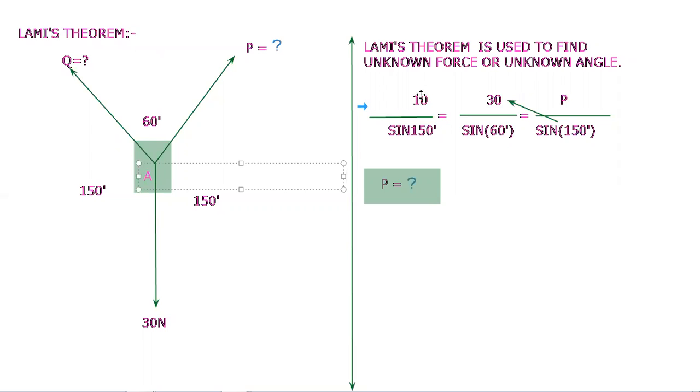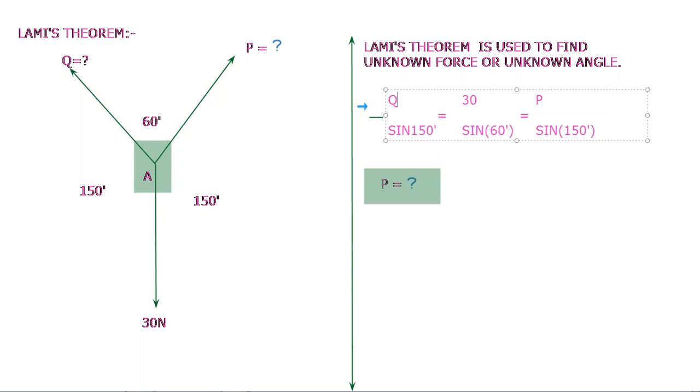Then also you are able to find this force Q. So instead of 10, you will be placing now force Q. Instead of force 10 Newton, one unknown can also be used. So here two unknowns can be found out, either one unknown force or one unknown angle, or two unknown forces or two unknown angles.